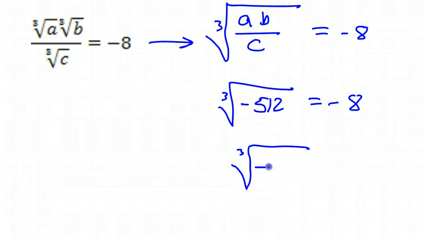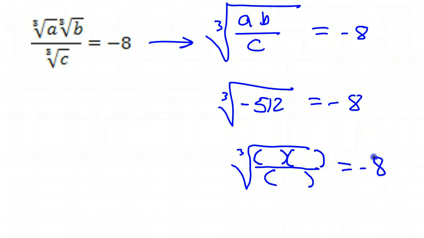I basically need something times something over something, and these three things have to have the same value as negative 512. Well, I could just put in a 1 here and a 1 here and a negative 512 here.